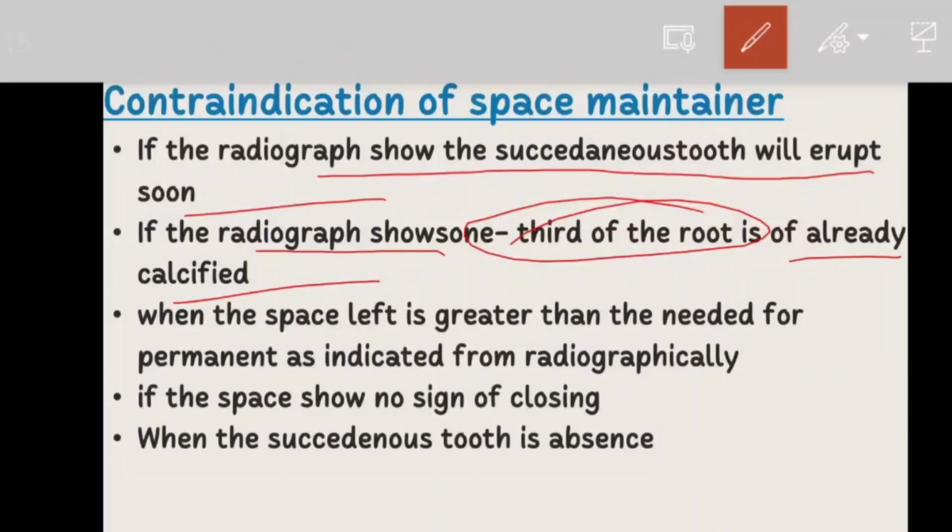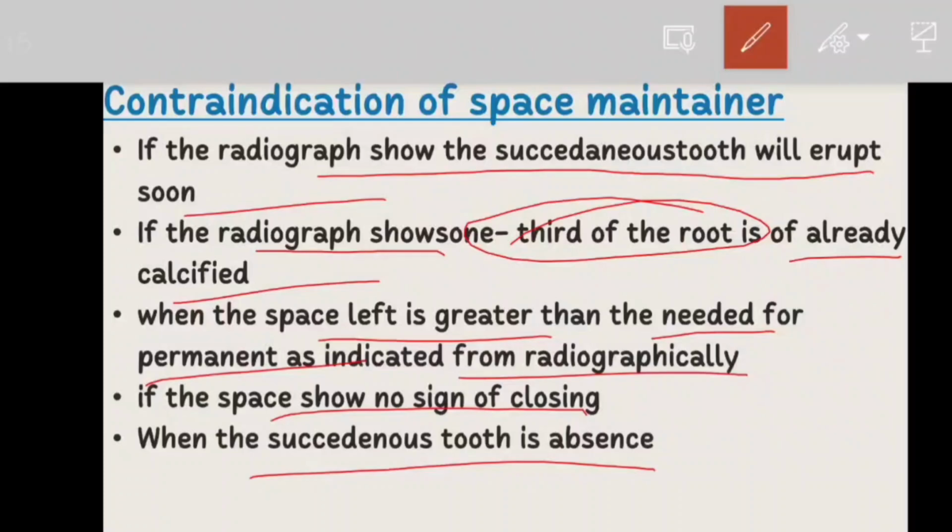When the space left is greater than needed for the permanent tooth, as indicated radiographically, there is no risk of space closure. If the space shows no sign of closing, again no need for an appliance. And when the succedaneous tooth is absent, if the permanent tooth itself is missing, the treatment plan will change.